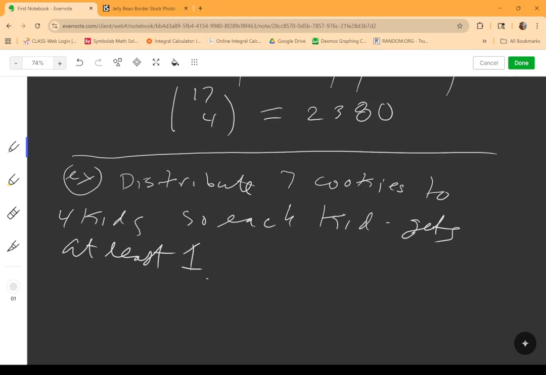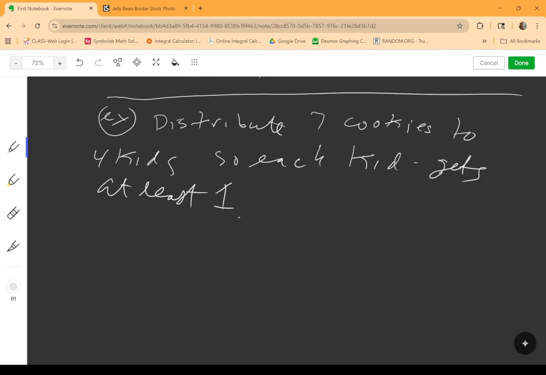For something like this, if each one gets 1, then right away you want to subtract off the 4 that you give, 1 to each kid, and that leaves 3 cookies to play with, to distribute among the 4 kids.